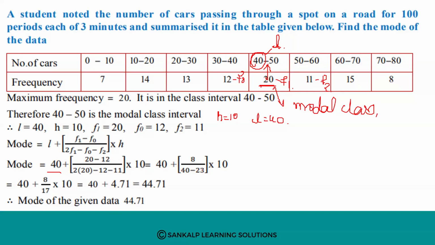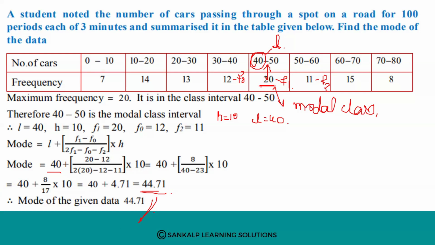So 40 plus 8 divided by 17 into 10, that is 40 plus 4.71, which is 44.71. The mode of the given data is 44.71.